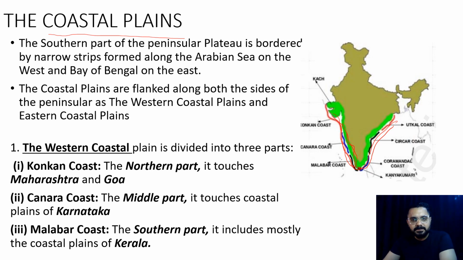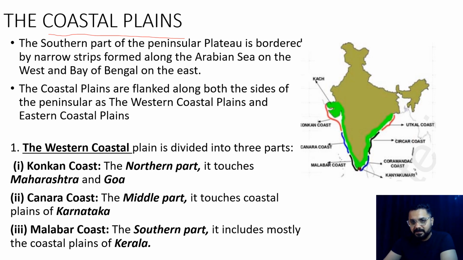So what are these coastal plains? The regions that are lying along the coastal regions are called coastal plains. As you can see in the map here, the coastal plains are flanked by the oceans on the sides.